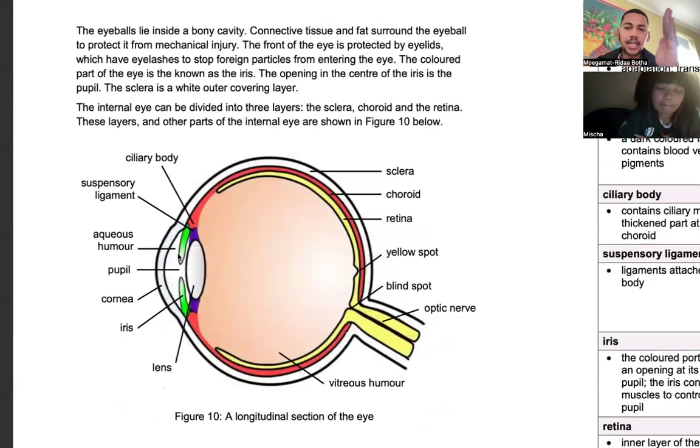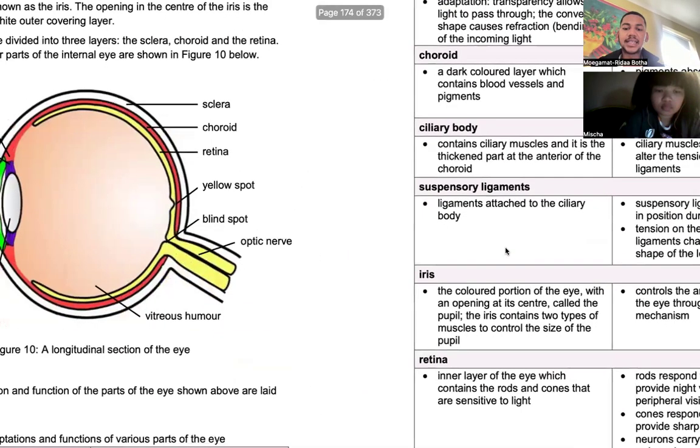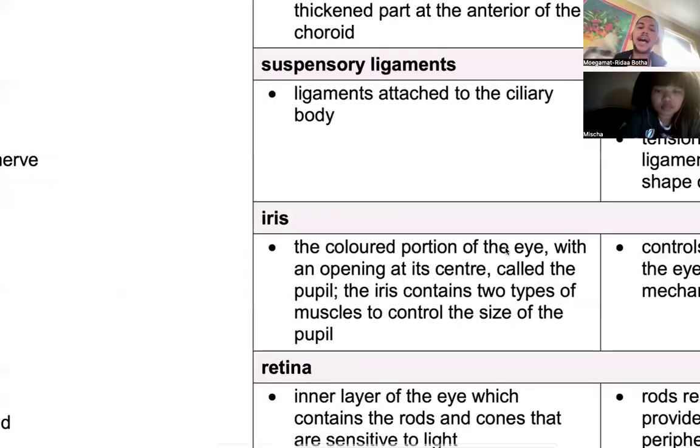So we're going to start from an outside to inside approach. This over here, the opening, is called the iris. So you have the iris, and then the space in the iris is called the pupil. Okay, so what's the structure of the iris? The iris is the colored portion of the eye, with an opening at its center called the pupil.